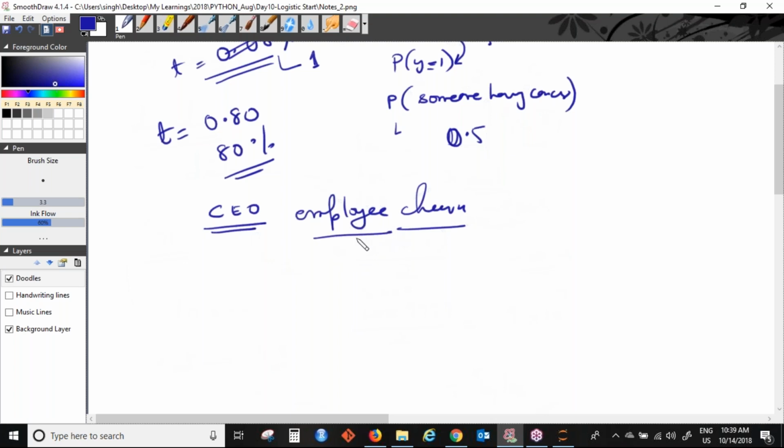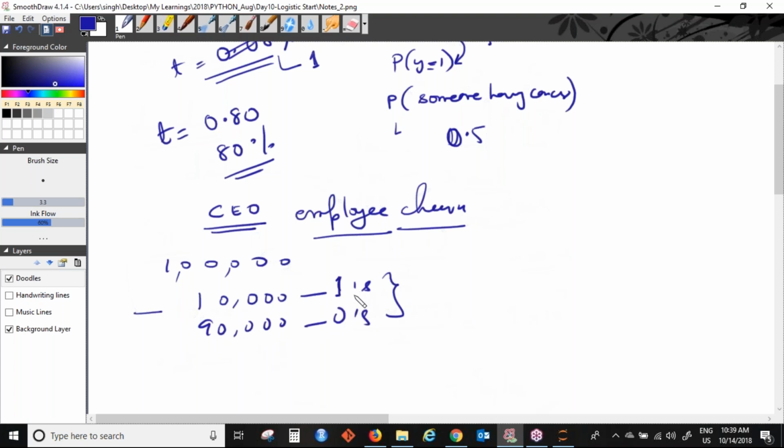Let's say you have 1 lakh employees, and out of that, your model predicts 1 for 10,000 of them and 0 for 90,000 of them.